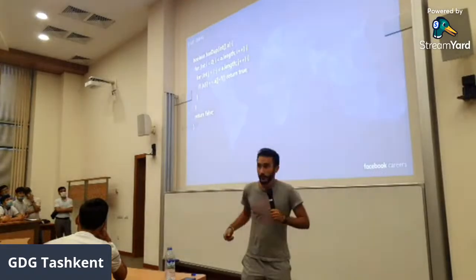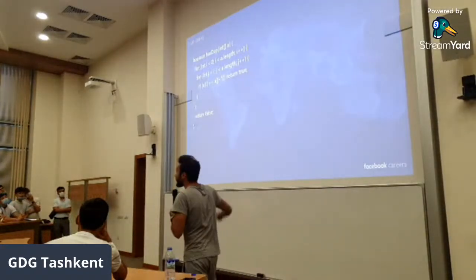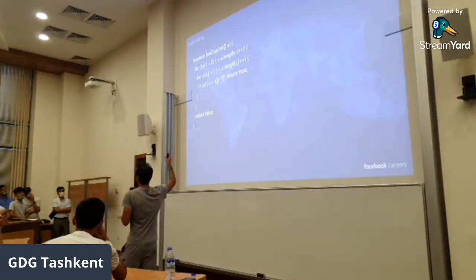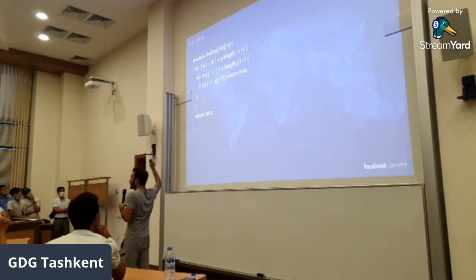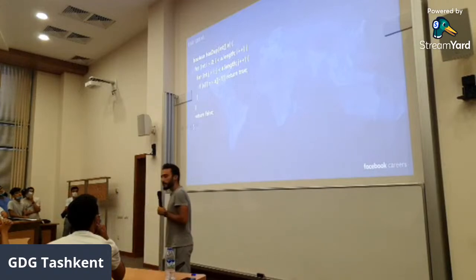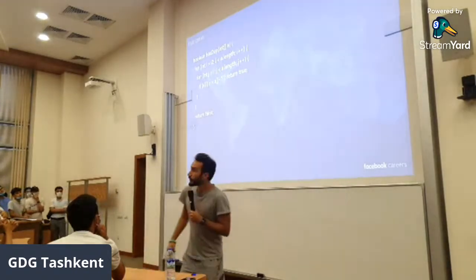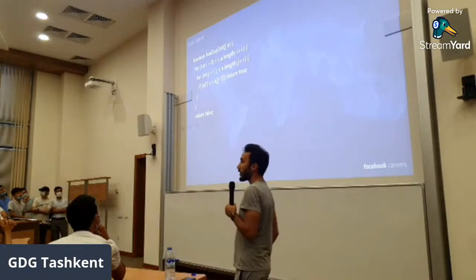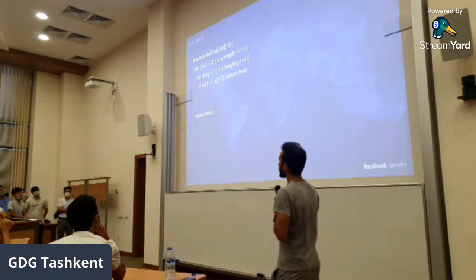Now, of course, in the interview, I will be writing it line by line. And here I'm using Java. This is my first loop. I'm going to go from 0 to the end of the array. And then I have my second loop. It will go from the current index of the outer loop.